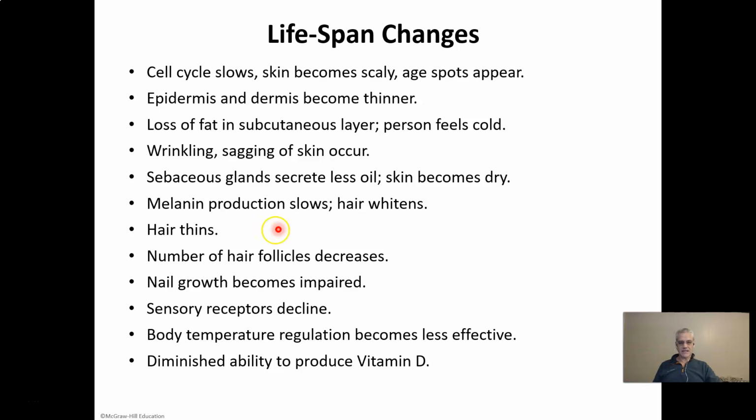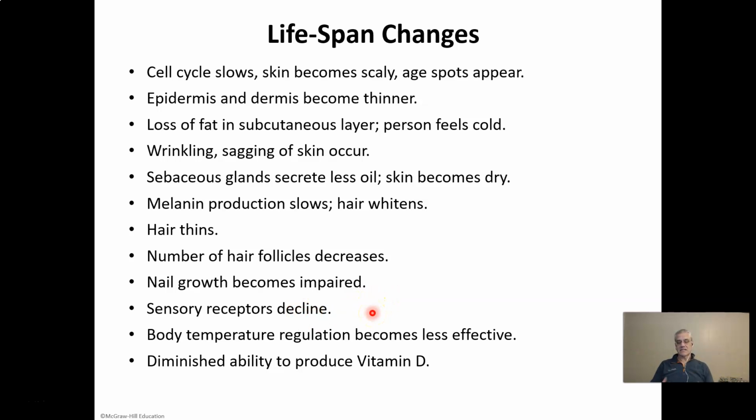Melanin production slows down. The hair whitens. Yes, it does. Hair thins. The number of hair follicles decreases. Older people tend to have fewer hair follicles, especially toward their hands and toward their feet, distal places on the body. Sensory receptors decline.